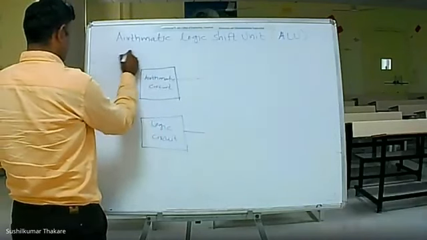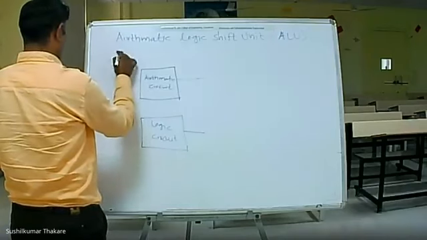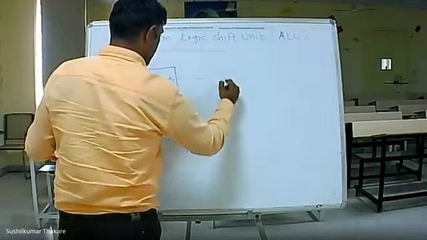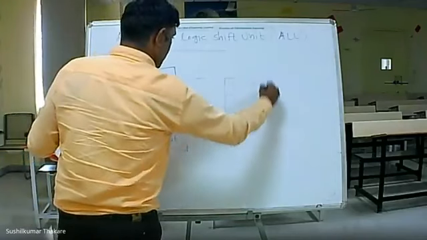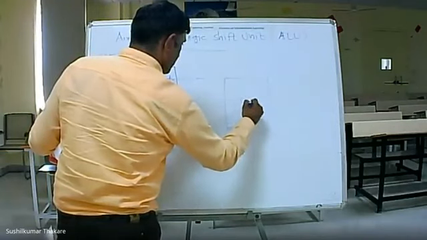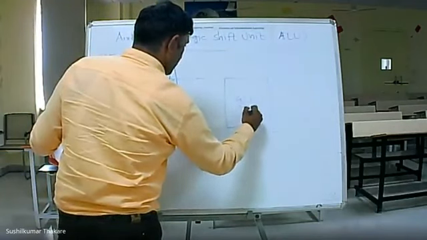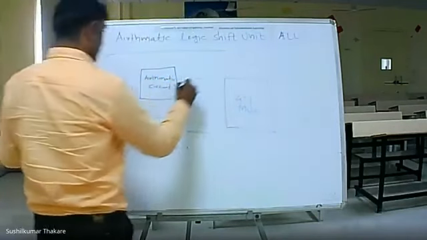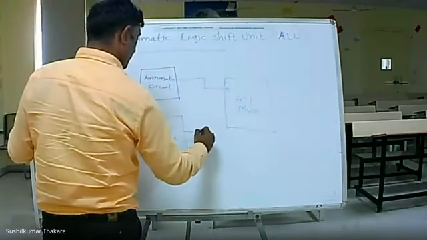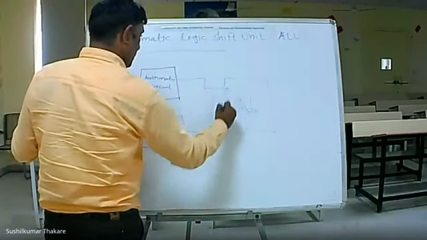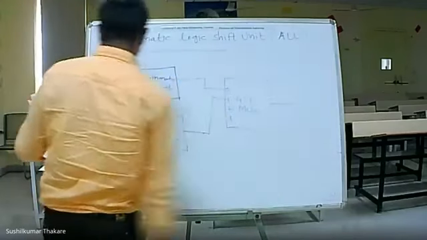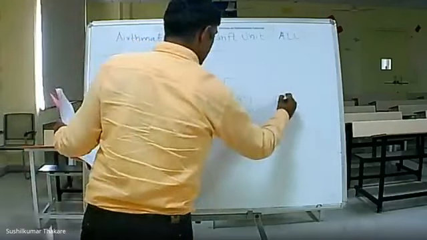This is the multiplexer, 4:1 multiplexer, with inputs 0, 1, 2, 3 and a single output.